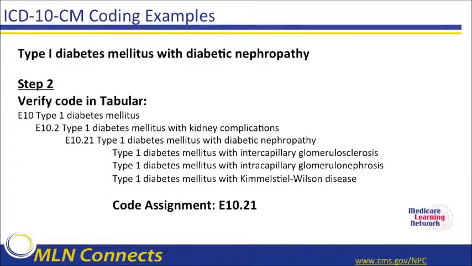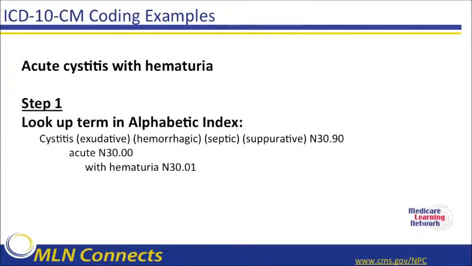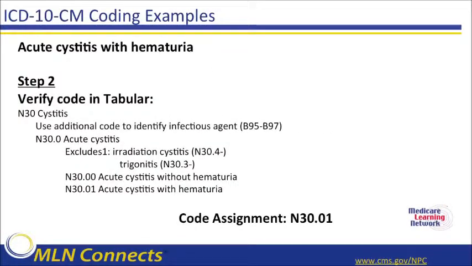In the next example, on slide 22, look up the main term cystitis in the alphabetic index and then find indented subterms for acute and then with hematuria. ICD-10-CM code N30.01 is listed, so next go to the tabular list to verify that this code is correct for a diagnosis of acute cystitis with hematuria.